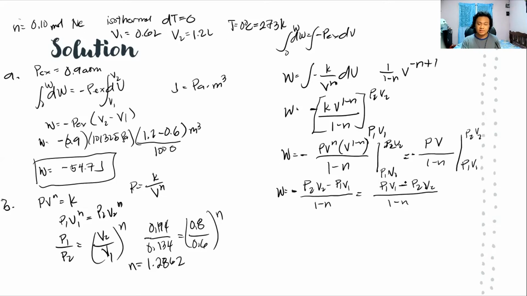Okay, so how easy we can do that. So let's substitute. We have P1 V1 and P2 V2. So let's use these values that we got earlier. And then we will transform that to cubic meters and then to Pascal, so that we can get the J, or the Joule. Okay, remember this, joules is equal to Pa times m cubed.